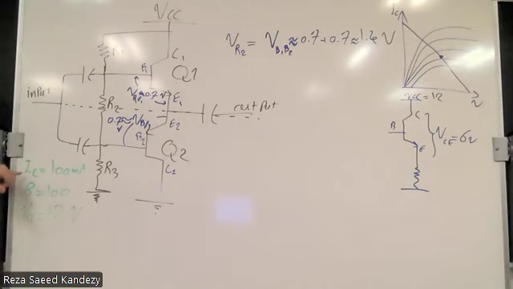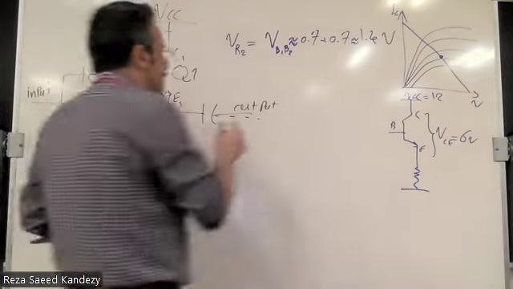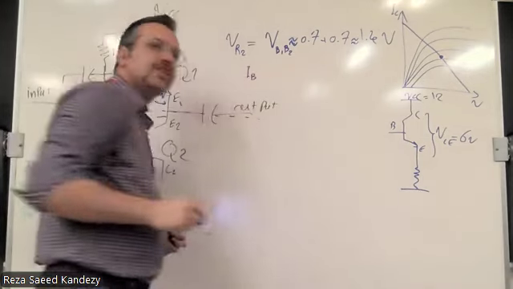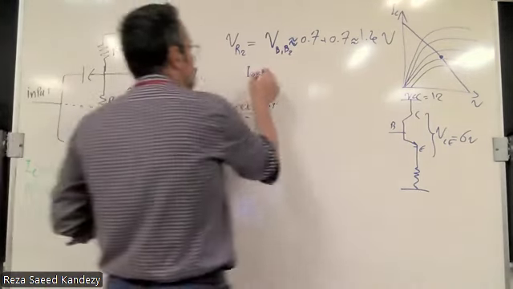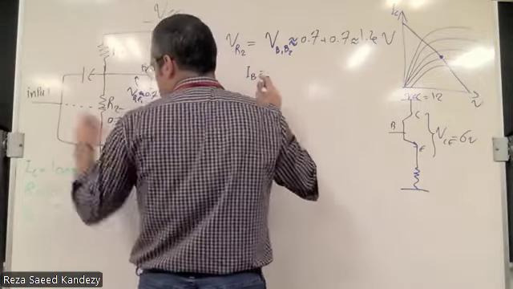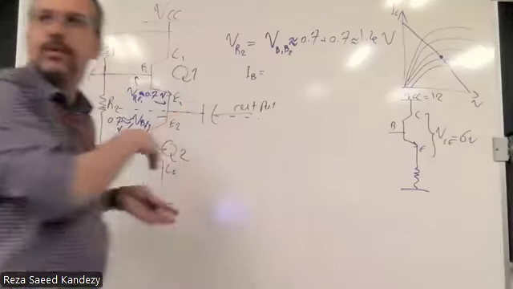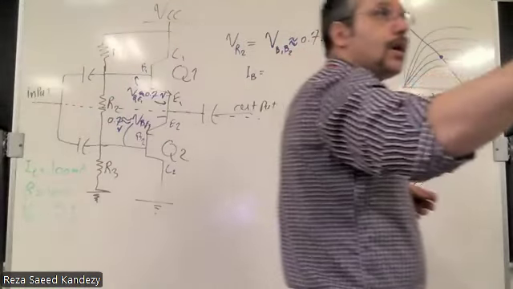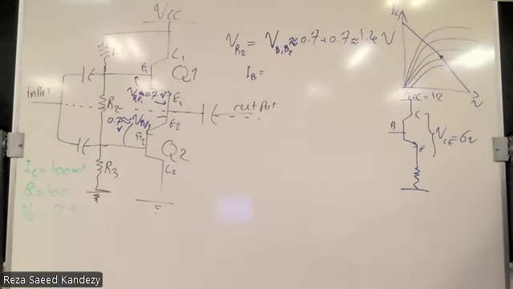Now, if the collector current is 100 milliamp, this is my assumption, and my beta for both of the BJTs is 100, that means the base currents are going to be equal, because we consider both of them equal. So you have to make sure you're considering the specification of your own model when designing the circuit.